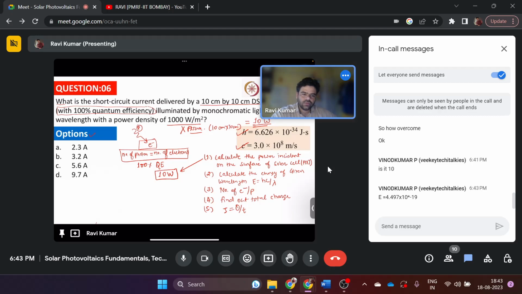4.97 into 10 to the minus 19. Others, please verify because I haven't calculated. There is no calculator.